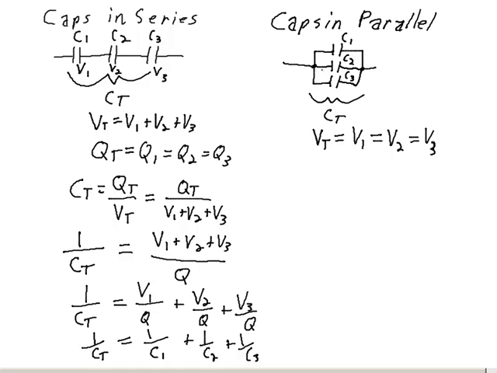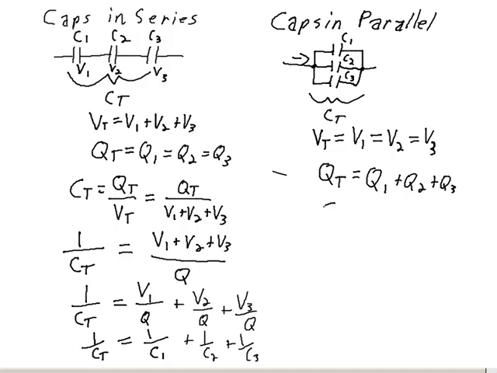Now the total charge that's on this side, that's built up across these capacitors, is going to be equal to the charges built up on each one of the individual capacitors. And how much charge builds up depends on the value of each capacitor. But the sum of the three is going to add up to the total charge that's built up. Right? Electrons come in on this side. Some build up here, some build up on this plate, some build up on this plate, and push out equal amounts on the other side.